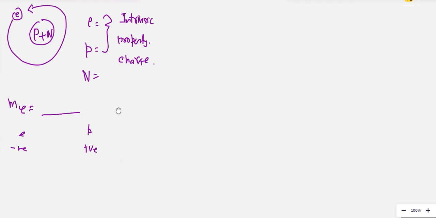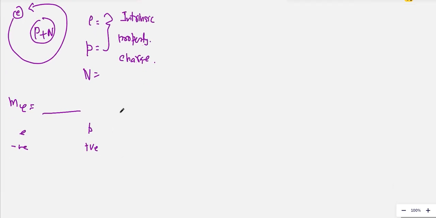There are two types. They have similarities and they have differences, and this is the main thing which we are going to discuss. So the first thing you got to know about the charge is that it is an intrinsic property.